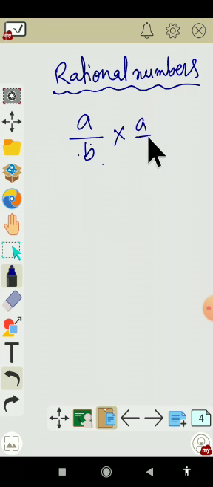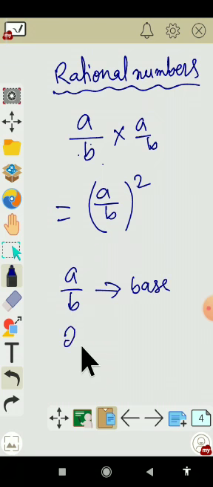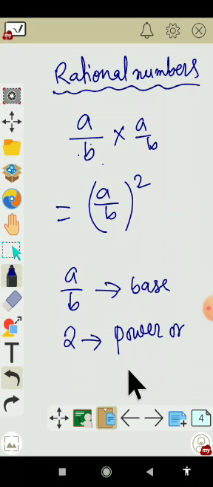If two rational numbers are multiplied, then we can write it in exponential form as a by b to the power 2. So here a by b is the base and 2 is the power or index.